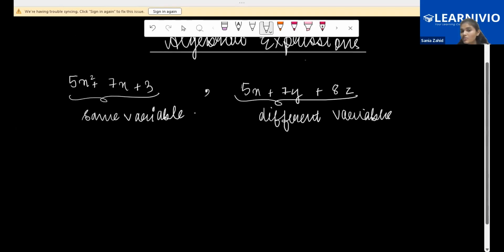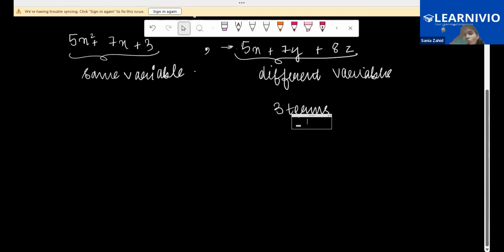Can you tell me what the terms are in this expression, 5x plus 7y plus 8z? 5x, 7y, and 8z. So we have 3 terms, right?